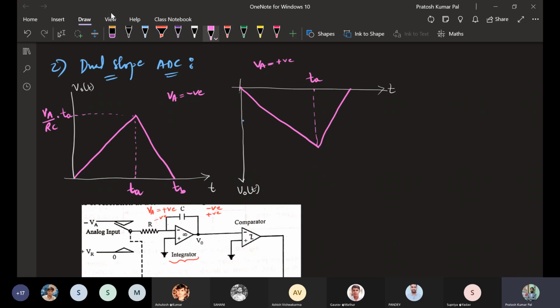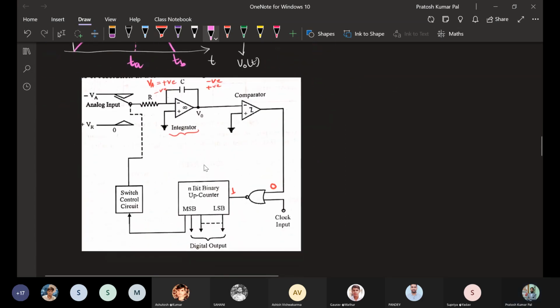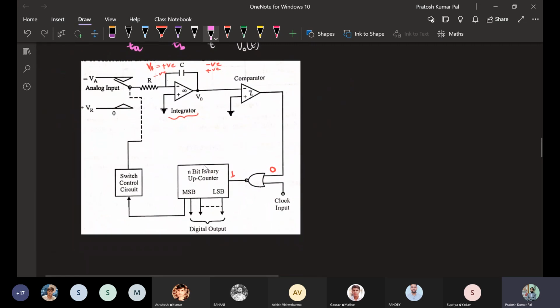This will be your ta and this will be your tb. So this is the case of a different type of analog input we have considered. Basically, how this comparison is done, we will see that.